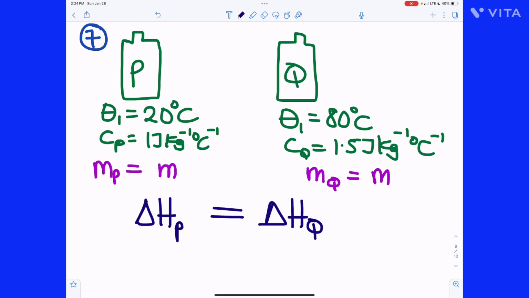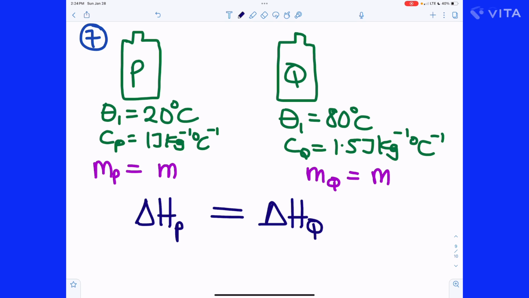So let's just say heat change in P will be equal to heat change in Q. Whether loss or gain, heat is a scalar quantity, so we don't really care about which one loses or gains. Let's just know that the change will be the same. Anyone losing heat, the amount of heat it loses will be equal to the amount of heat the second one gains.